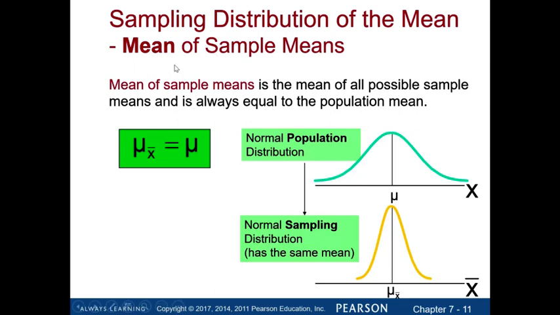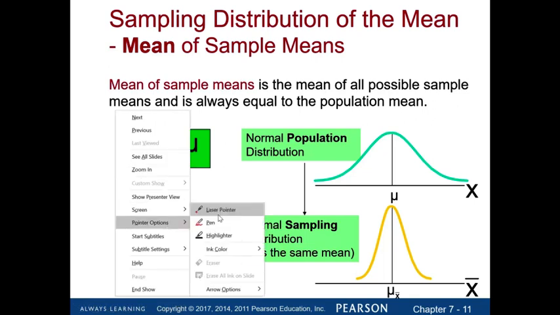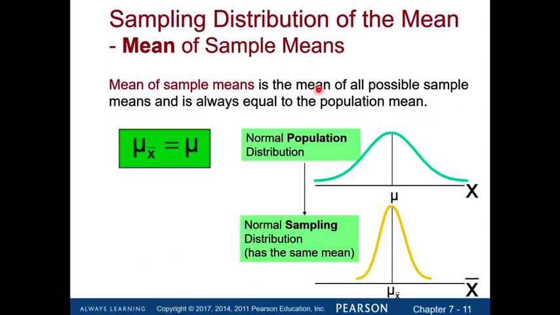So the first definition is, what is the mean of sample means? The mean of sample means is the mean of all possible sample means, and is always equal to the population mean. As you already know, the population mean is represented by mu, and here the mean of sample means is represented by mu of x bar, simply because x bar represents sample means.